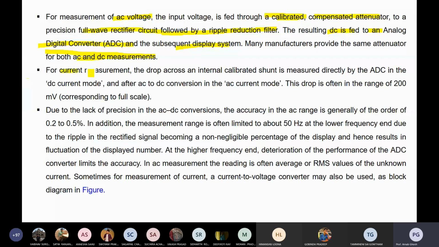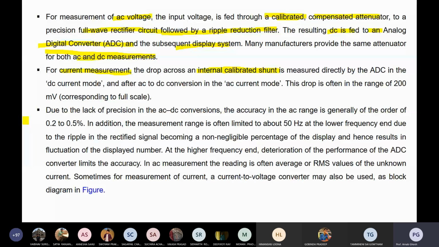If you are designing a shunt resistance or series resistance of 10 ohms, under all conditions that value should not change, it should be 10. It is measured directly by the ADC in the DC current mode, and after AC to DC conversion in the AC current mode. Then we convert that using the ADC.